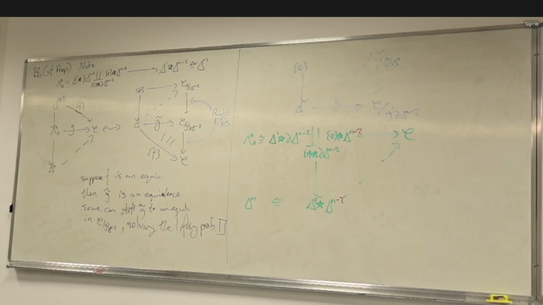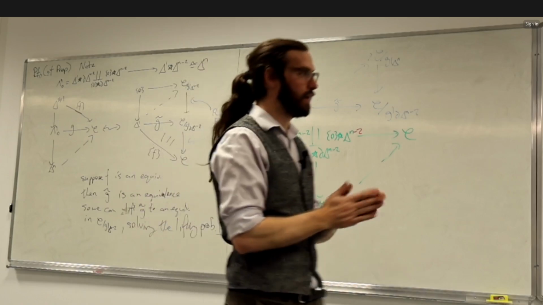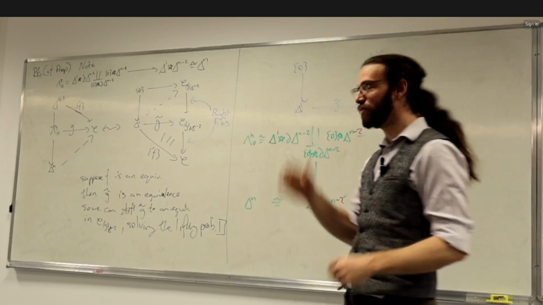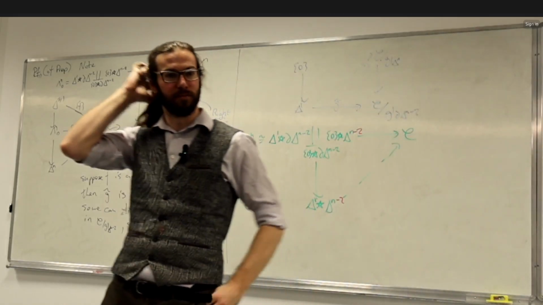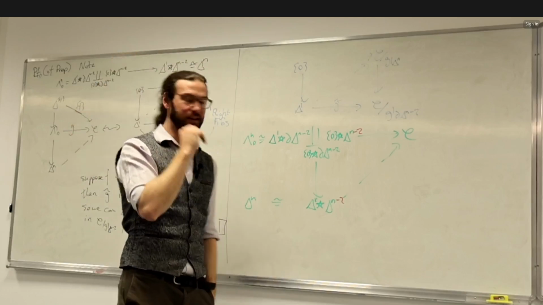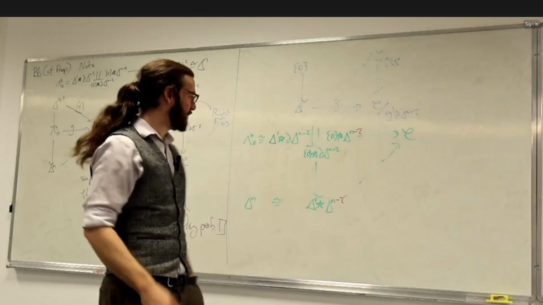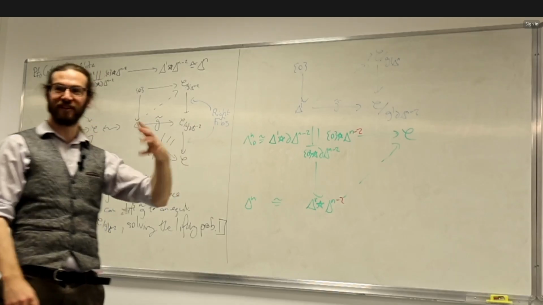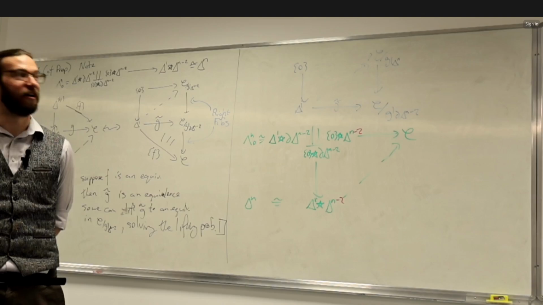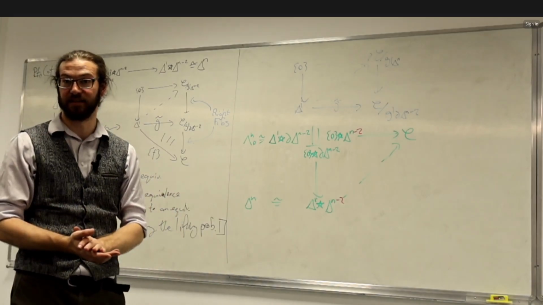So, yeah, there's this general framework where if you have a join, you can pass to adjoint lifting problems. I mean, technically, you kind of need something sort of like a closed monoidal structure. Now, the join isn't actually a closed monoidal structure on simplicial sets, but it's close enough because it has this adjunction to the slice of simplicial sets.